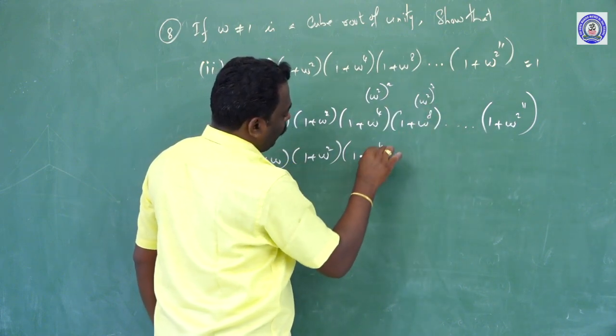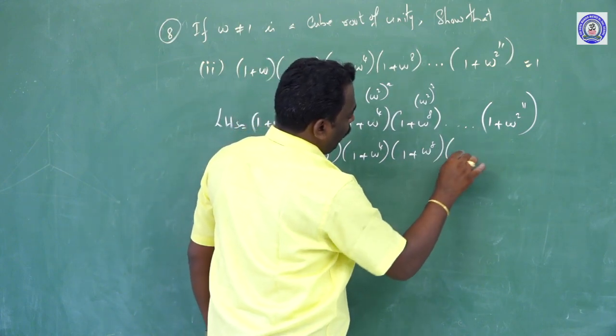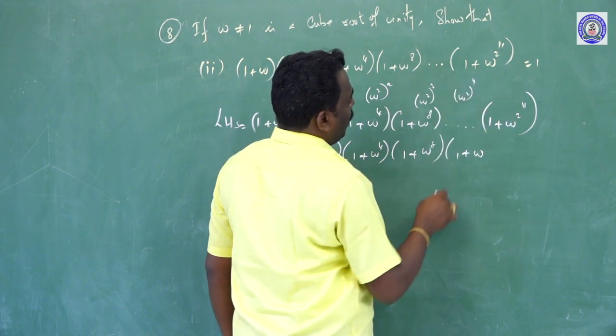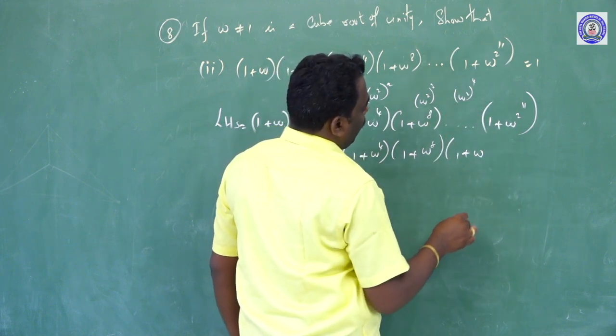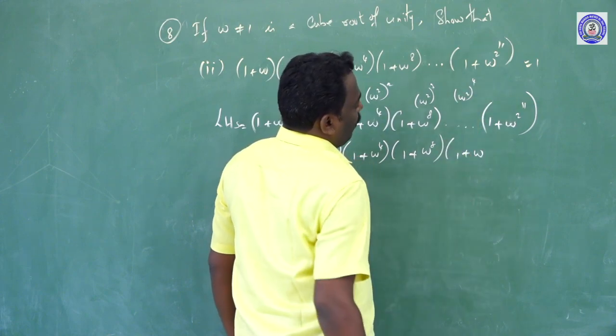Therefore omega power 4 into omega power 8 into 1 plus omega power 2 whole power 4, and multiply the terms: 2 into 2 into 2 into 2, 4 times, it is 16.